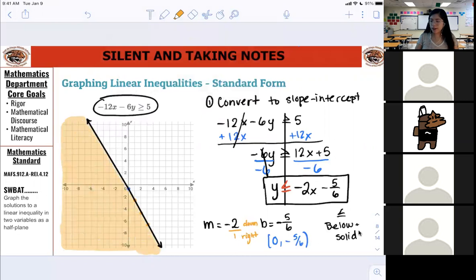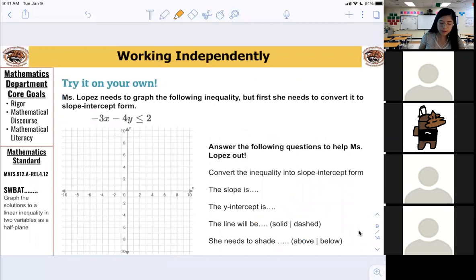Next slide, you guys are going to try one on your own. Again, not graphing, but pretty cool. You'll do some of those steps. Cool. All right, so again, you guys don't have to graph it, but I do want you to do everything that goes before the graphing, okay?